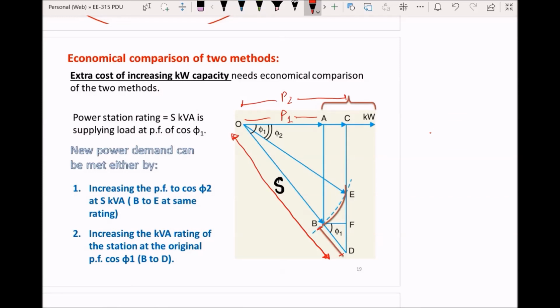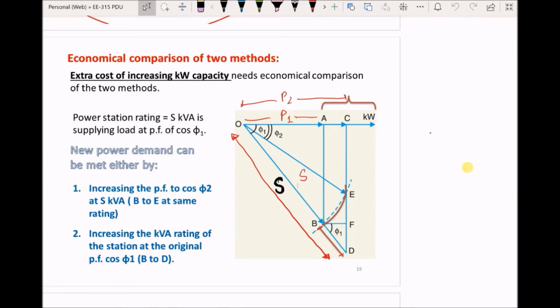In the second method, the same power P2 can be supplied by improving the power factor from cosine phi 1 to cosine phi 2. That is, the apparent power OB will remain equal to OE, and that is also equal to S.